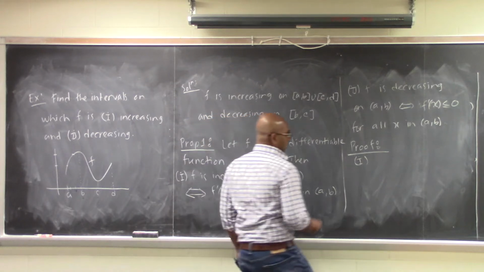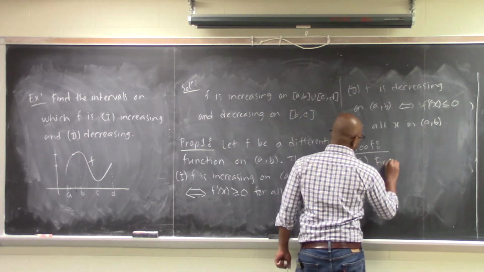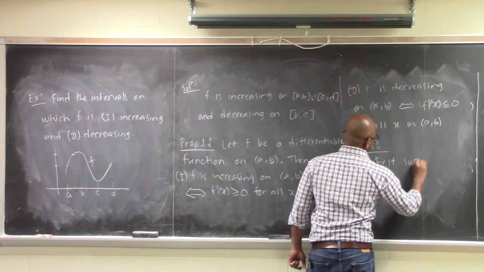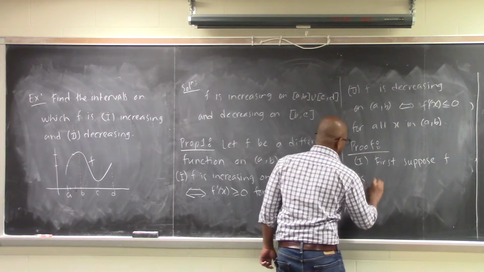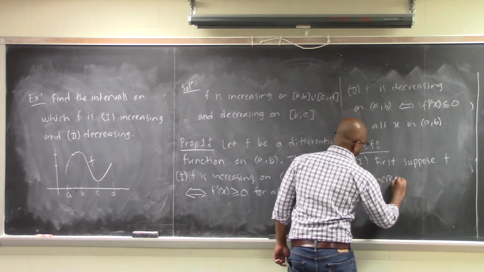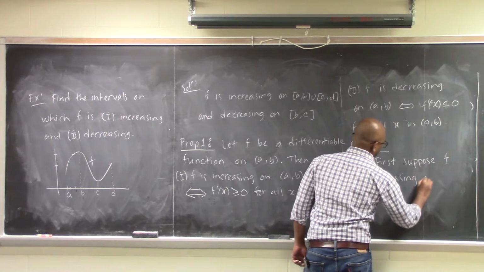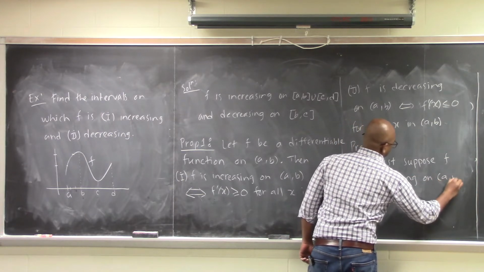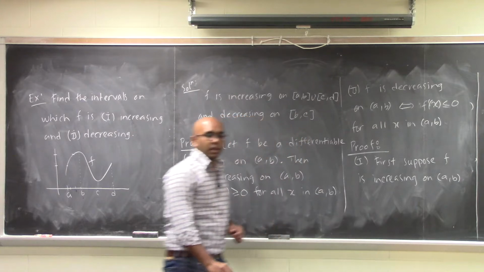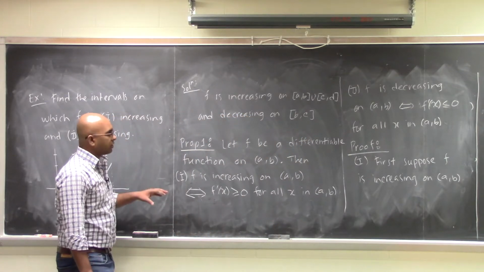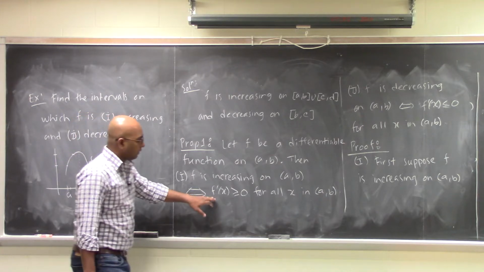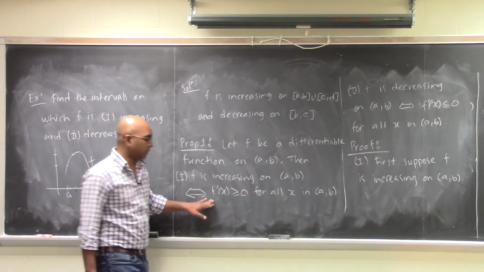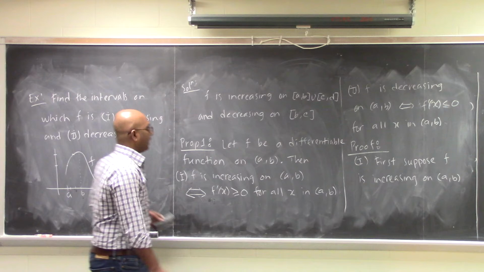Okay, first suppose f is increasing on AB. Okay, and we're going to use the definition of increasing functions on an interval to show that the derivative of f is bigger or equal to 0 for all x in AB.